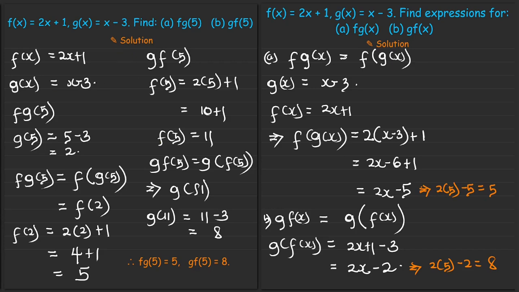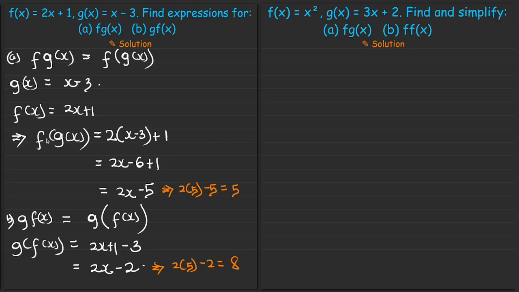Let's look at our third question. Our third question here says, f of x gives us an x squared, and then g of x is a 3x plus 2. We have to find and simplify f of g of x. So we have f of x being x squared, and then g of x being a 3x plus 2.